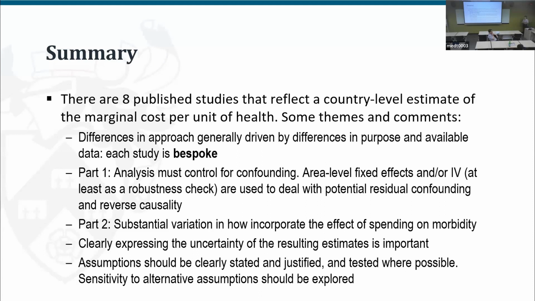Across the studies, it was really important that uncertainty was expressed and accounted for. And the assumptions all needed to be clearly stated and justified and tested where possible. And then sensitivity to alternative assumptions should be explored. This is also one of our takeaways from that review.